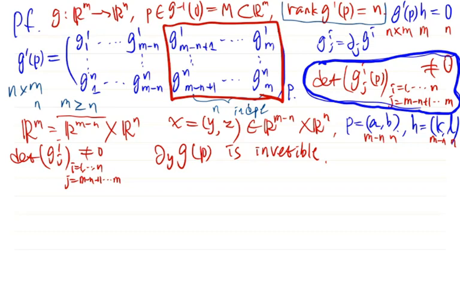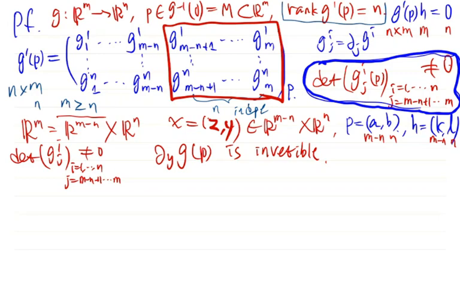Sorry, I made a mistake here. Our x is (z, y), no, (z, y). Z is m minus n dimensional. The last n coordinates of x we denote by y.